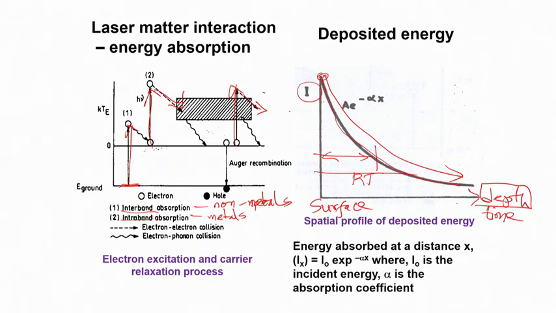So this decrease will be exponentially related to the depth, and will also depend upon the absorption coefficient. So this is the typical relationship that one needs to worry about, where this alpha, the absorption coefficient, varies from material to material. And for direct band gap materials, obviously this will be higher. For metals, this will be lower.